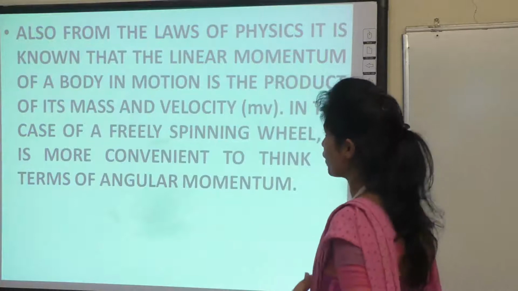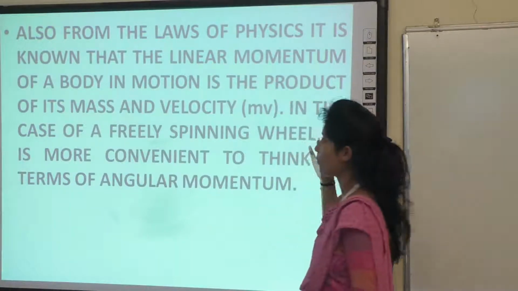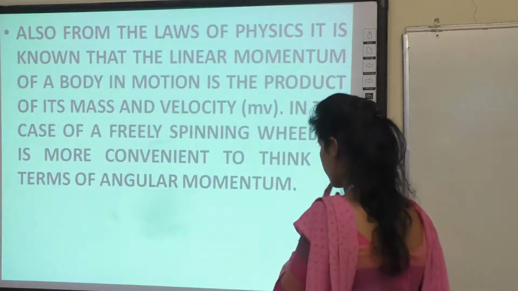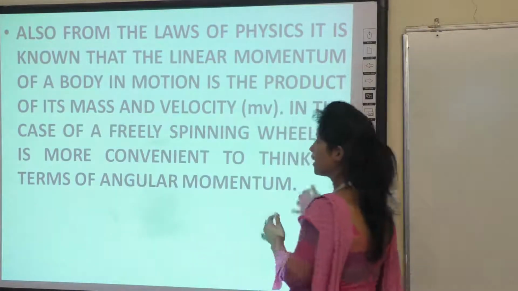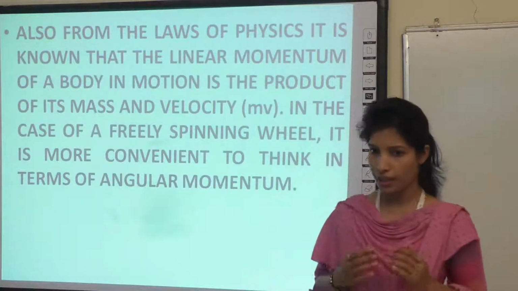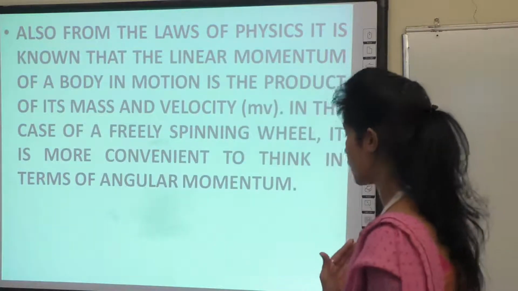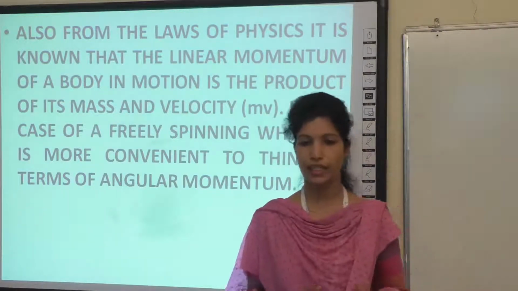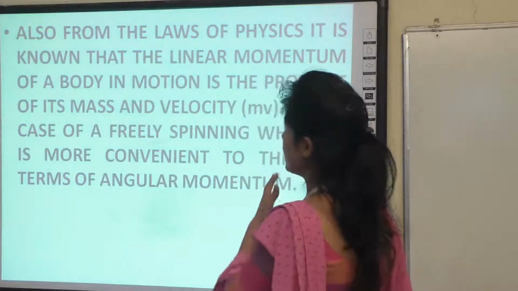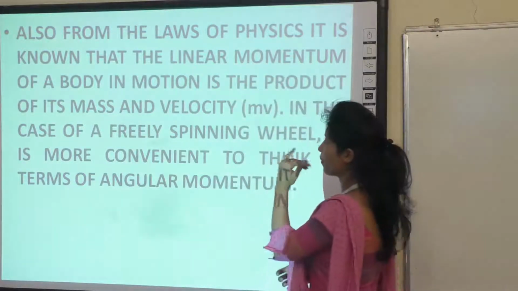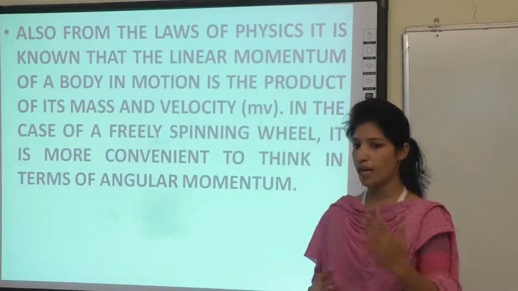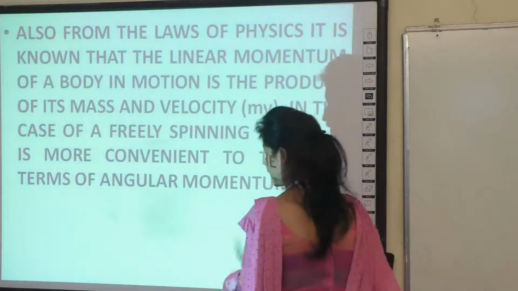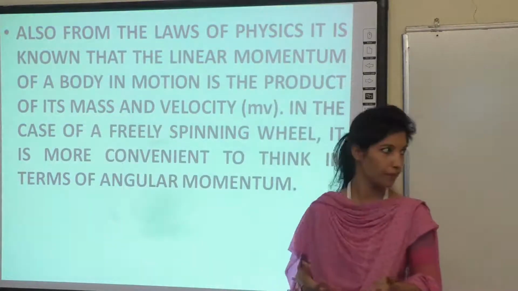Also, from the laws of physics, it is known that the linear momentum of a body in motion is the product of its mass and velocity. In the case of a freely spinning wheel, it is more convenient to think in terms of angular momentum.